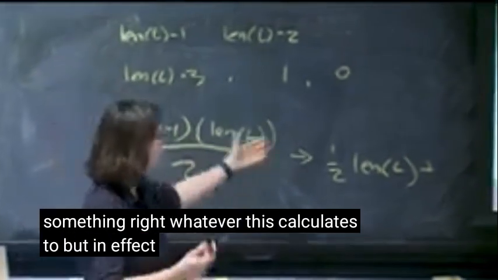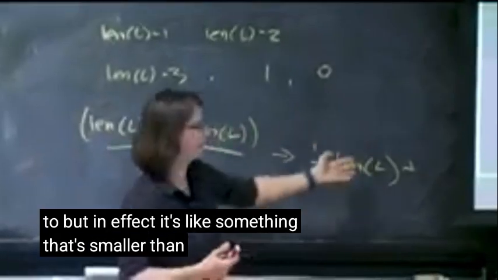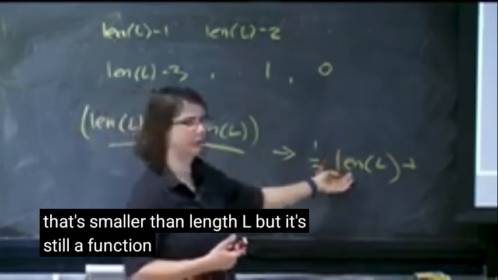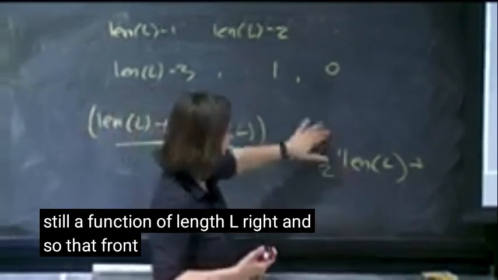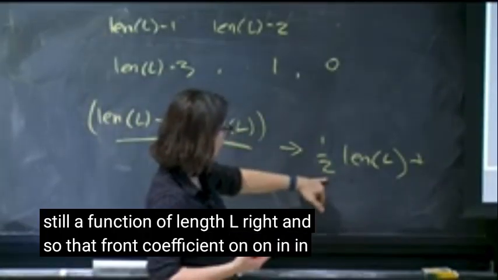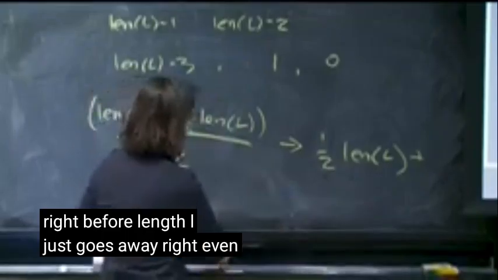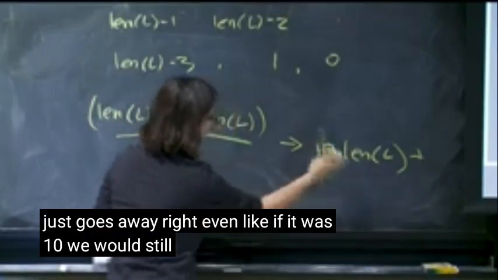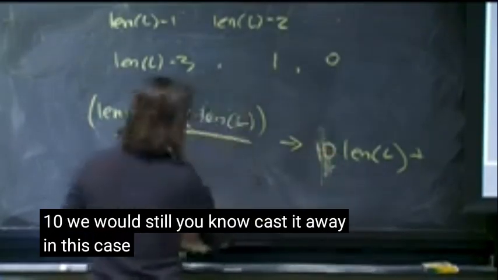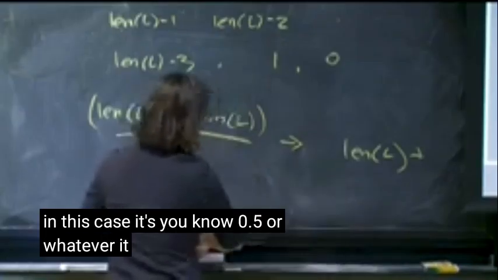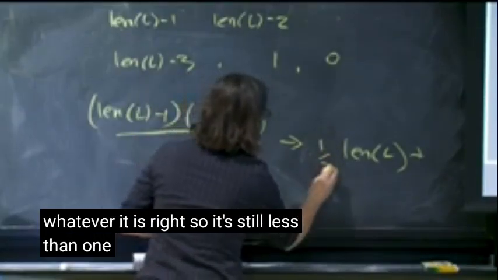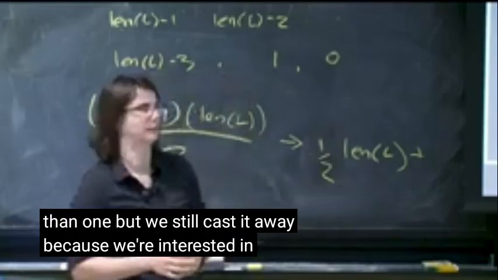In effect, it's smaller than length L, but it's still a function of length L. And so that front coefficient right before length L just goes away. Even if it was 10, we would still cast it away. In this case, it's 0.5 or whatever it is, so it's still less than 1, but we still cast it away because we're interested in the theta of this.